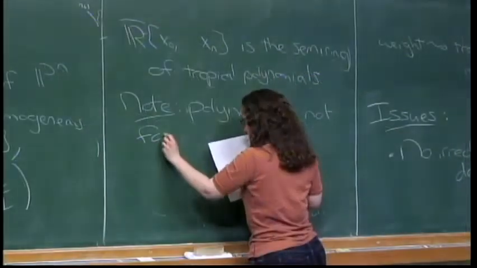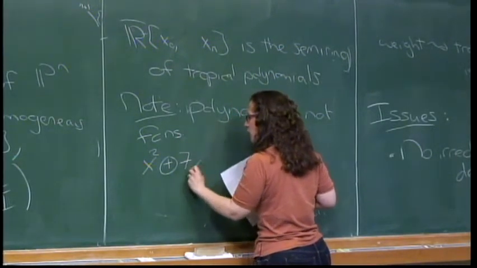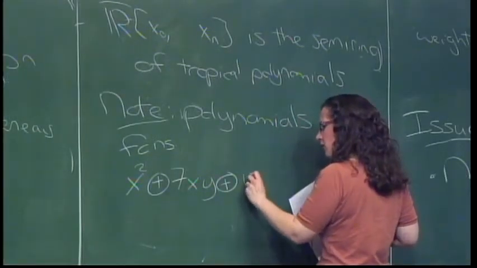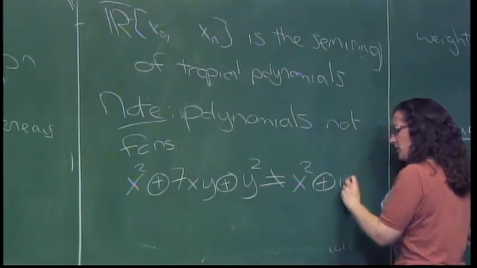I just wanted to make a note here that I really want polynomials, not functions. So what do I mean by this? I mean x squared plus 7xy plus y squared is not equal to x squared plus y squared.